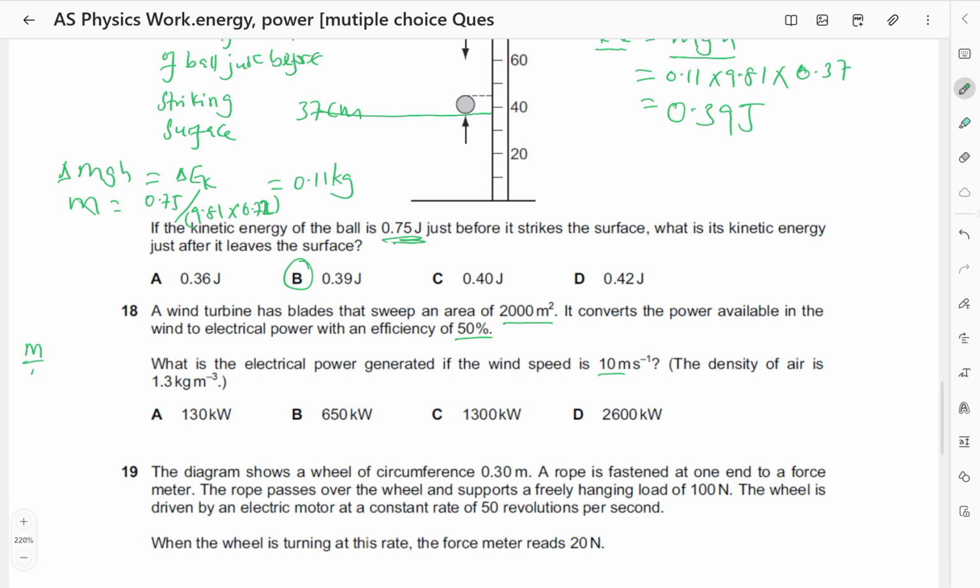The mass per unit time is going to be density times volume per second, that is volume over t. So this one is going to be equal to the density, 1.3, times the volume.